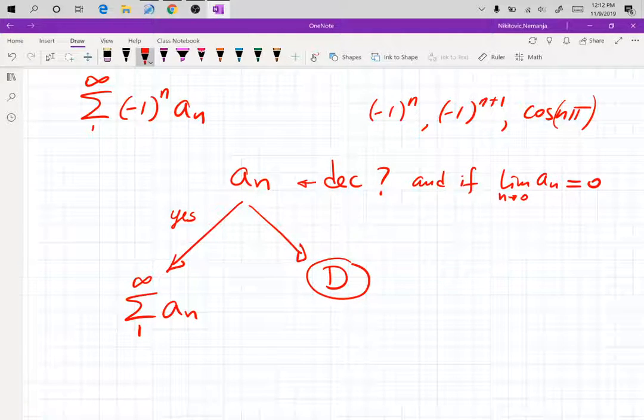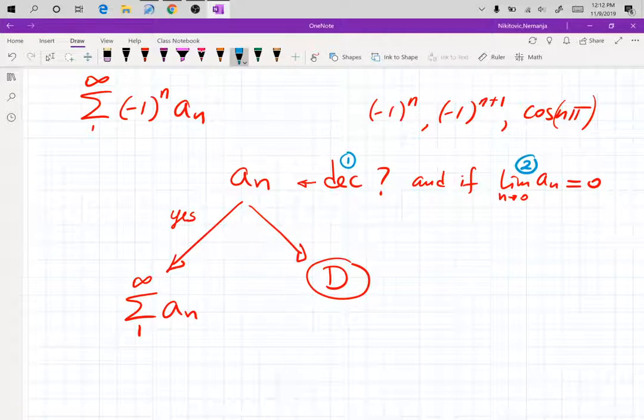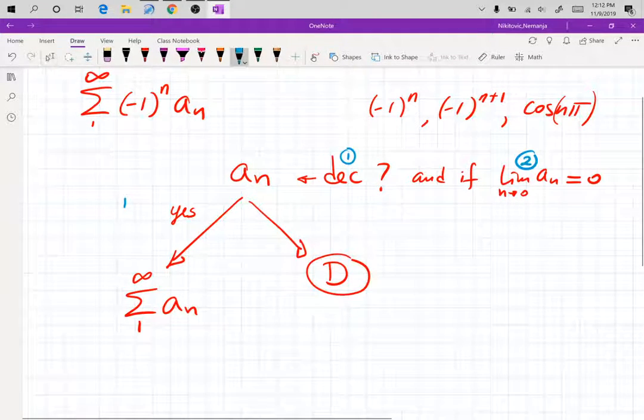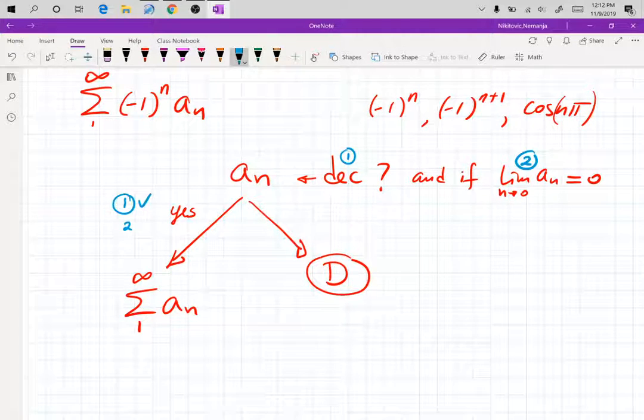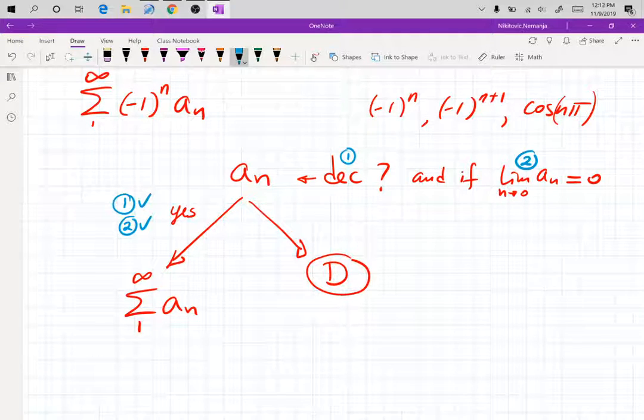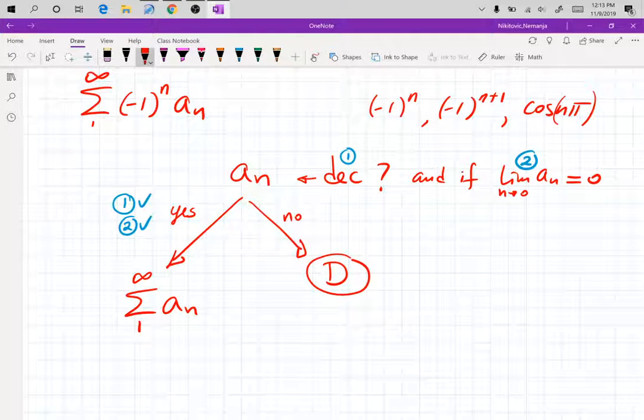We start with a sequence, and then if it passes condition number 1 and condition number 2, check, check, we are on a convergence branch. If it doesn't pass, then you are in divergence and you're done.